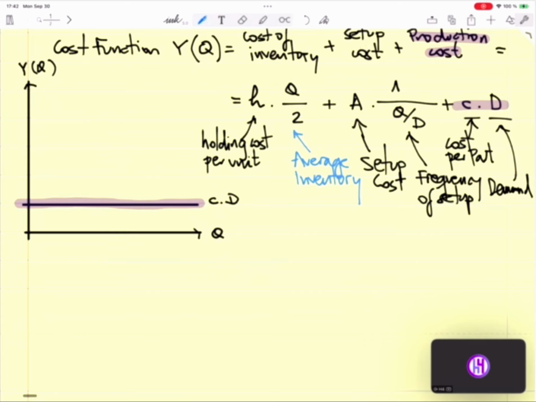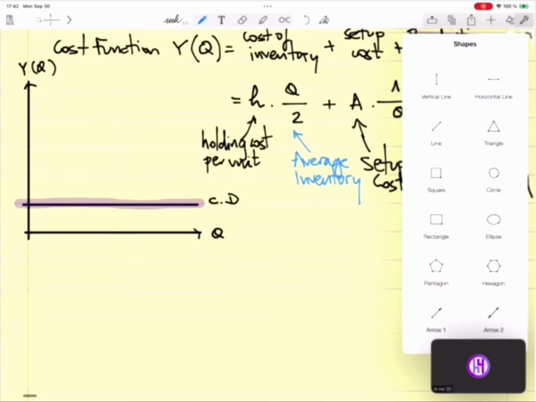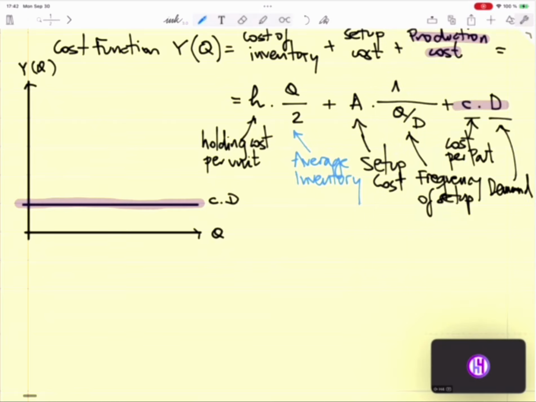Then the setup cost is a function that is going to be A times D divided by Q, something like this as a function of Q. And you can also have the cost of inventory, which is a function of Q, so a line going up, because H is positive.